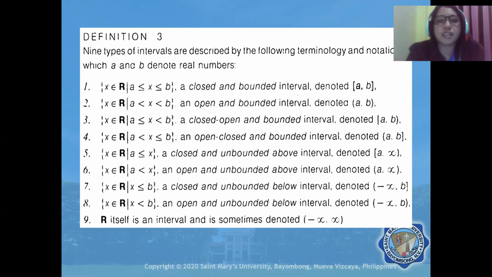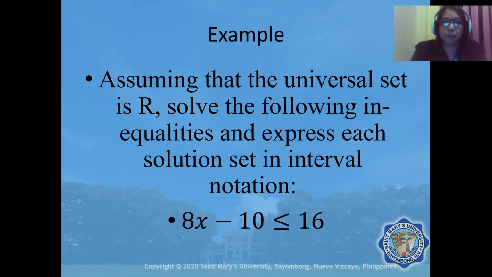While if it is not included, we say that it is open. And then for number 9, R itself is an interval and it is sometimes denoted from negative infinity to positive infinity. It is, of course, open and unbounded below and above.